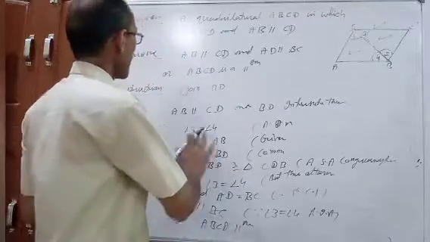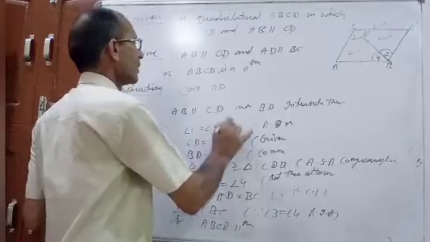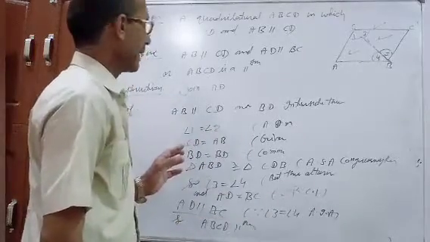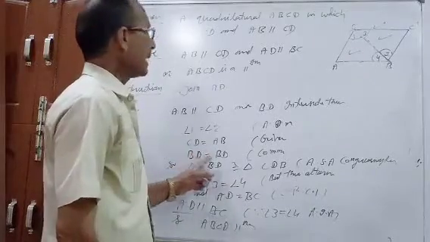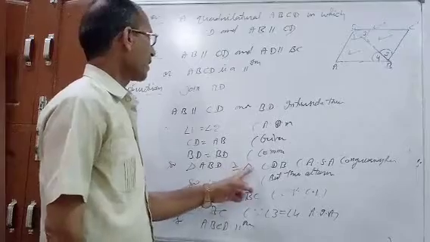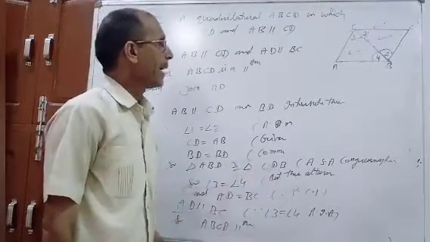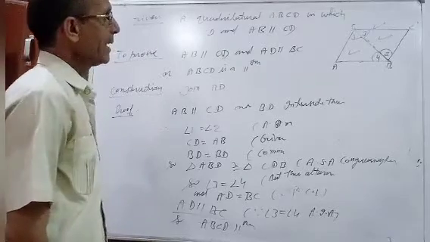Angle 1 is equal to angle 2. Sorry, here you have to write angle 1 is equal to angle 2, alternate interior angles. CD is equal to AB and BD is equal to BD, common. Therefore, triangle ABD is congruent to triangle CDB by the angle side angle congruency rule.